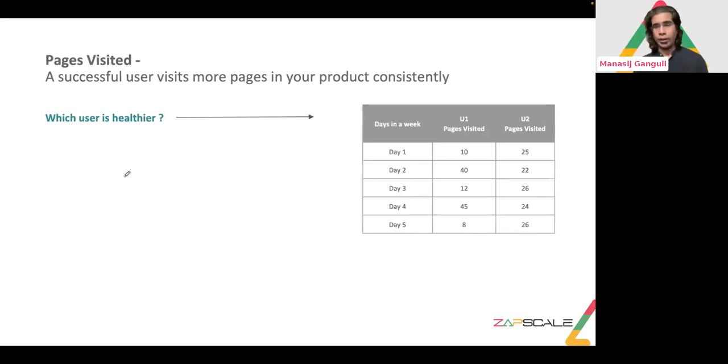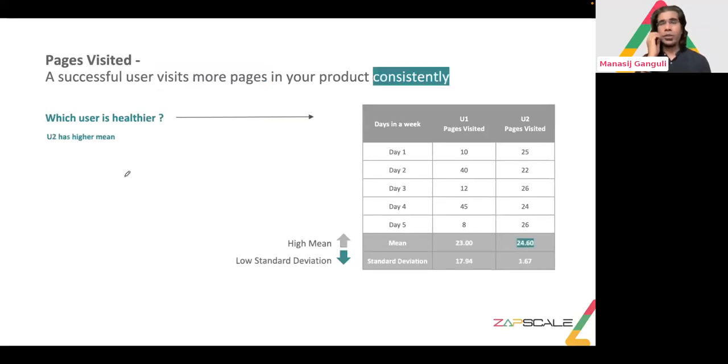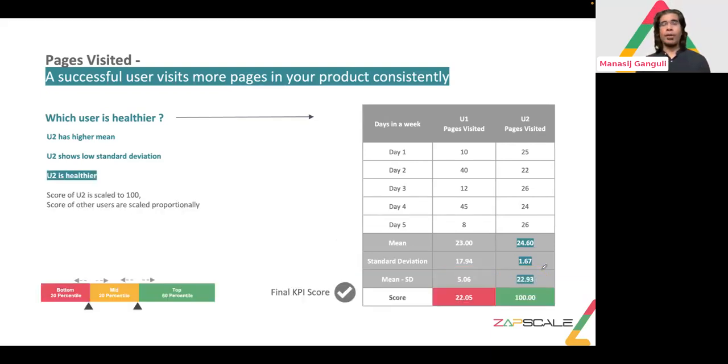We should look into all the users, find their average, then look into their standard deviations to find their consistency, and therefore compute a final score, which is consistent mean and standard deviation put together. Then use that data point exactly like in the previous KPI, score them on a scale of 100, and give them a color code.